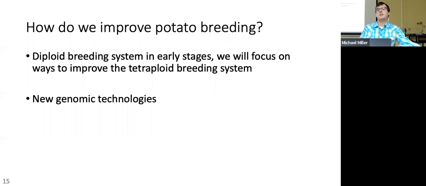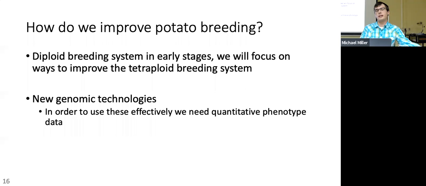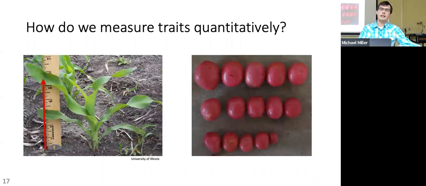We're going to do this through new genomic technologies, which are going to require quantitative phenotyping data. On the measuring, it's going to be easier or harder to get quantitative data from it. So for example, plant height of this plant here is pretty easy to get a numeric value assigned to it.